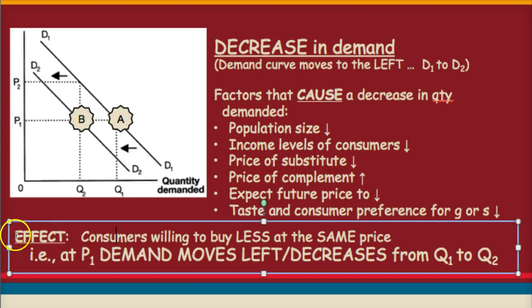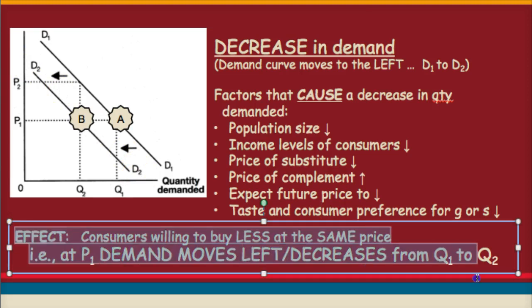Now, the overall effect, unlike the previous example where demand increased and you were buying the same quantity at a higher price, this time consumers are buying less at the same price.